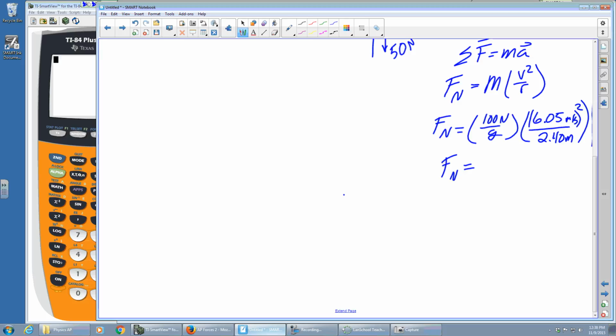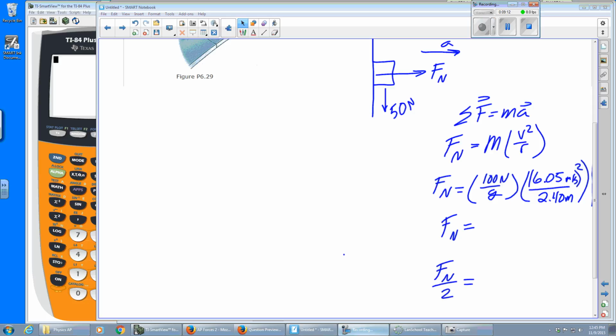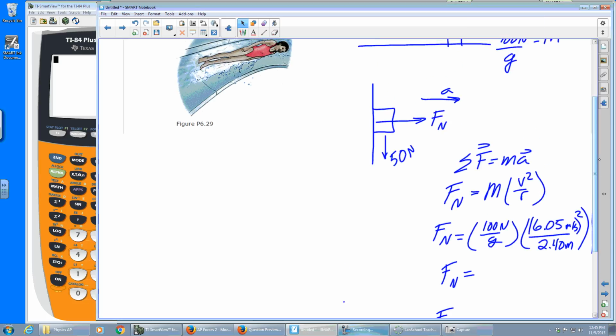And we actually want our answer. I think it's going to be Fn over 2. That's the 2.4 meters, the radius of my curve. I'm going to pause the video just to see if our problem is ignoring that 50 newtons, or that 100 newtons.